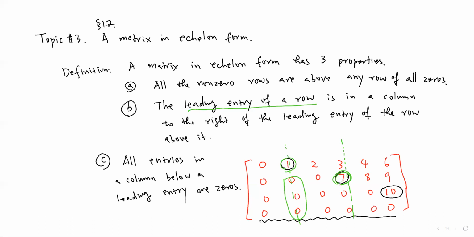All the entries below 7 are 0. 10 is the leading entry of row 3. All the entries below 10 are zeros. So this matrix satisfies all these 3 properties. Therefore, this matrix is in echelon form. Basically, echelon form is a step-like form.